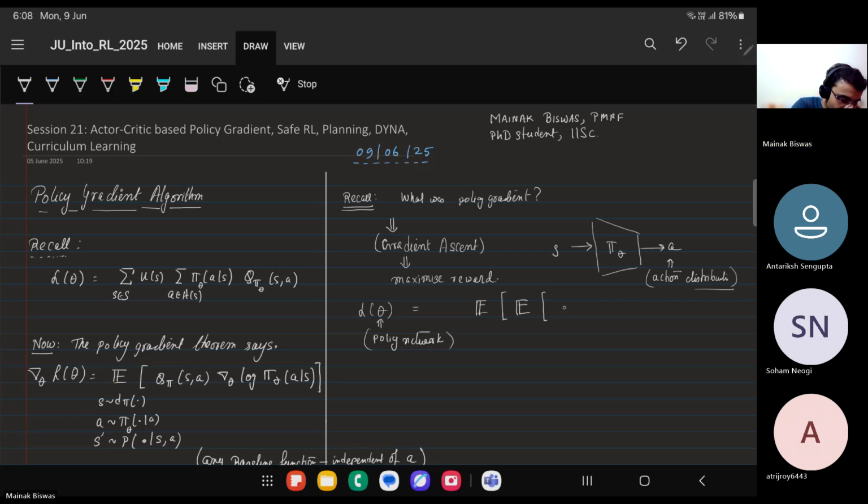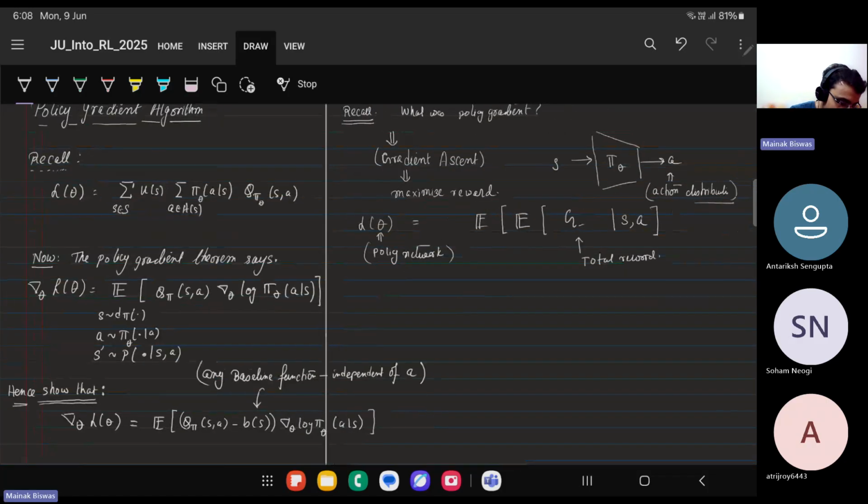that is, given state and action, what is G_t, or the return function, the total reward. We used R theta, things like that.